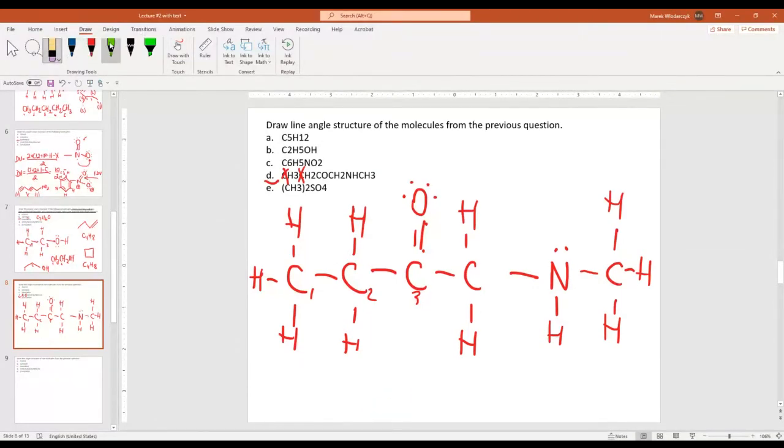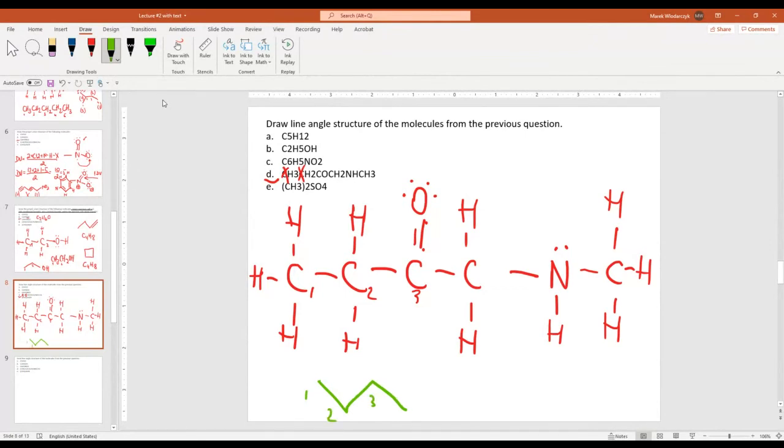Try a different color. 1, 2, 3, 4. So this is 4. At number 2, we have a double bond. And then at the fifth position, we have a nitrogen, NH, and the methyl group. So this is the line angle formula for this molecule.